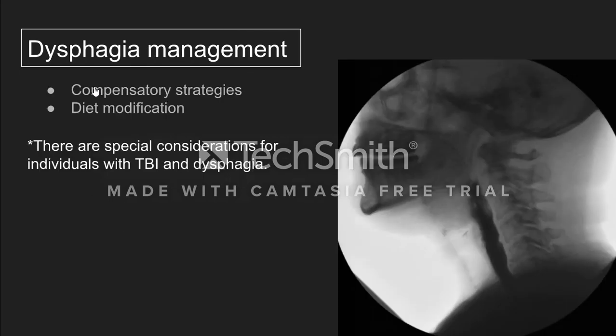The treatment for dysphagia generally includes compensatory swallowing strategies and diet modification, but it's important to keep in mind that individuals presenting with TBI and dysphagia might have auditory processing and memory loss, which can impact learning and recall, which might make the use of swallow safety strategies more difficult.